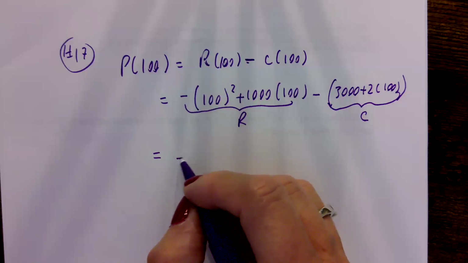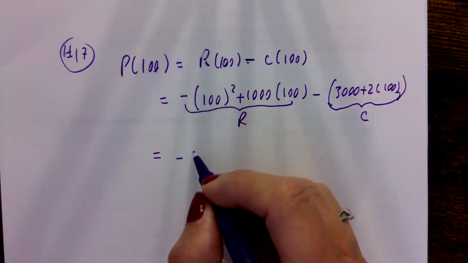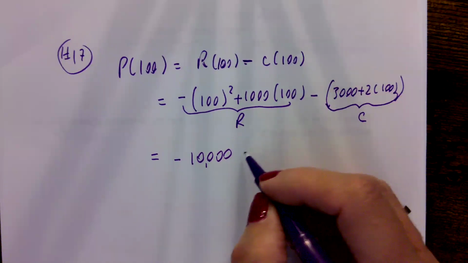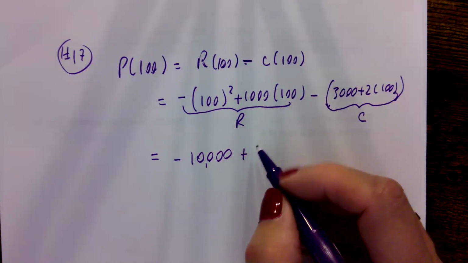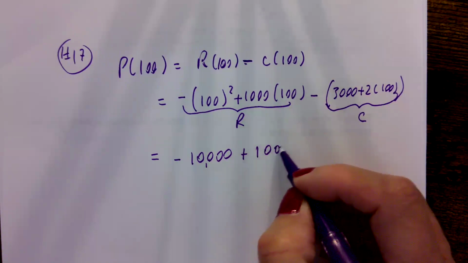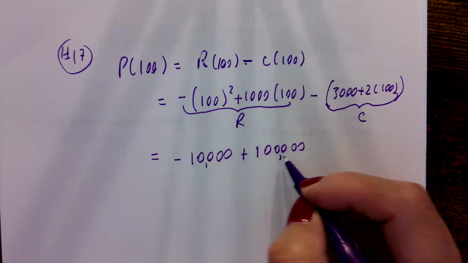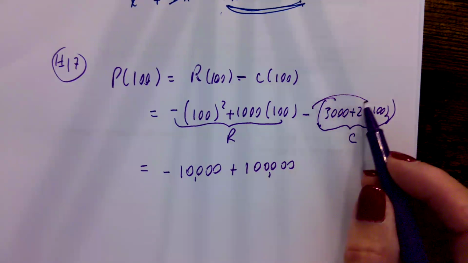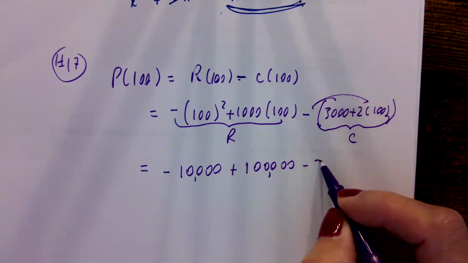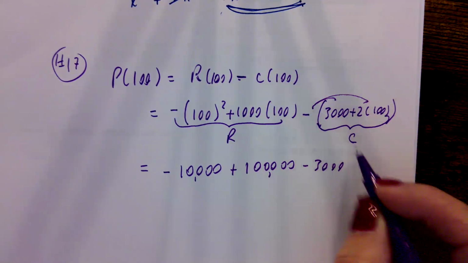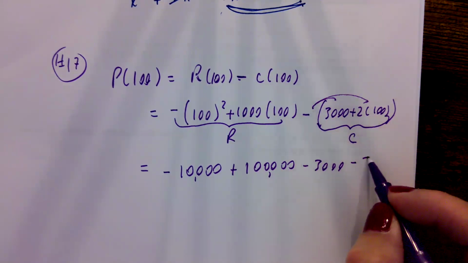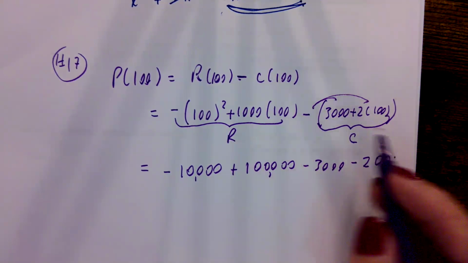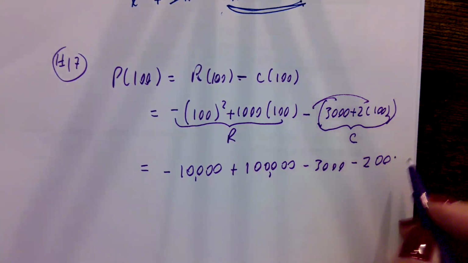So that's going to be a negative, and then 10,000 plus 1,000 times 100 is 100,000. And then we're going to distribute this negative through. So subtracting 3,000, and subtracting 200.